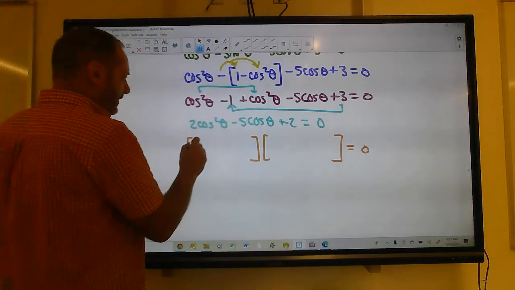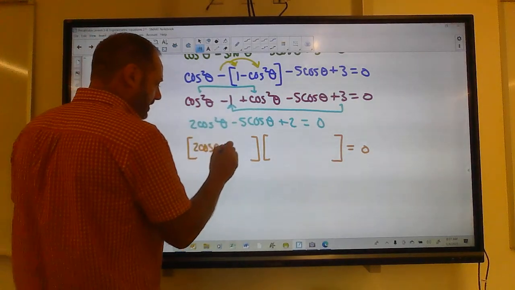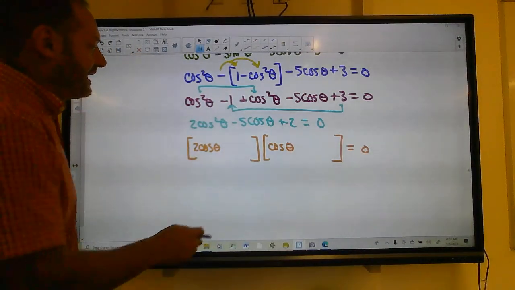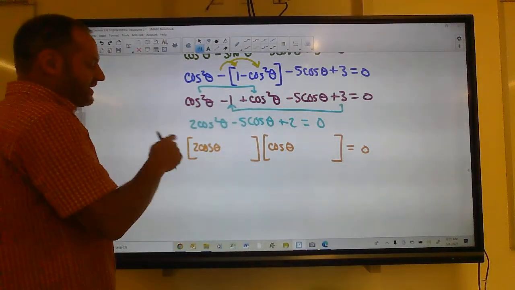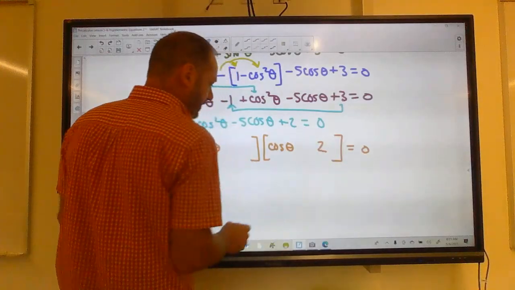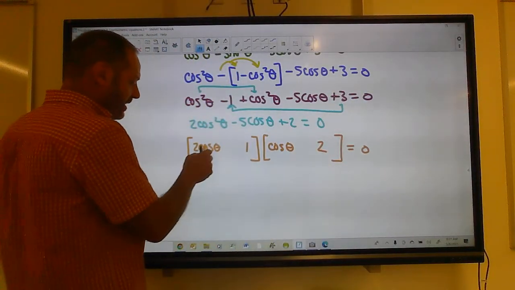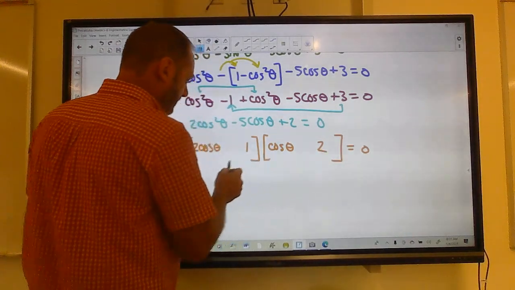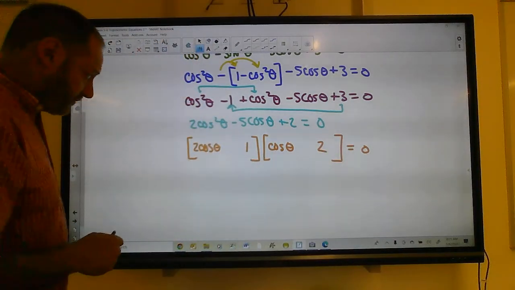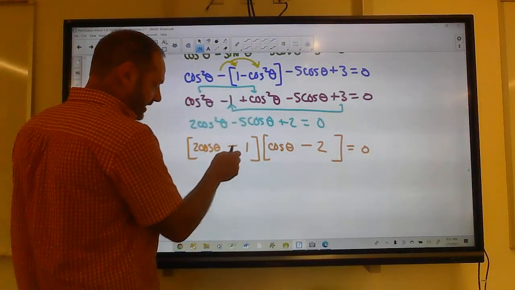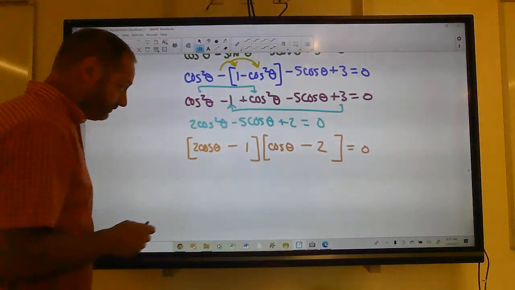Okay, so this is going to be 2 cosine theta and cosine theta. Now I've got factors of 2 or 2 and 1, and I need to arrange them so I can get negative 5 in the middle. So if I put a 2 over here and a 1 here, I get outside is going to be 4 cosine, and the inside is going to be 1 cosine. And I need them both to be negative to make negative 5, and then double check a negative times a negative is a positive.